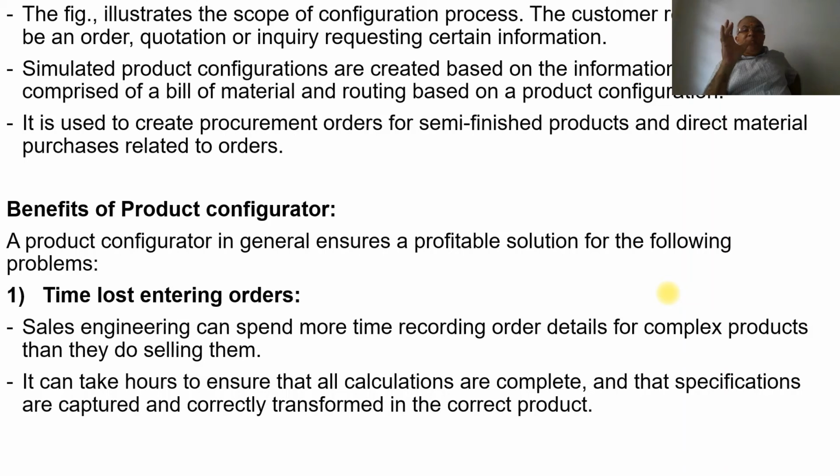Then the figure illustrates the scope of the configuration process. The customer requirement can be an order, quotation or inquiry requesting certain information. How does this process take place? First, an order has to be given. Suppose the order has to be given, I need to get a quotation. What is that quotation? The quotation means I want to purchase this particular item, please give me the cost involved in that.